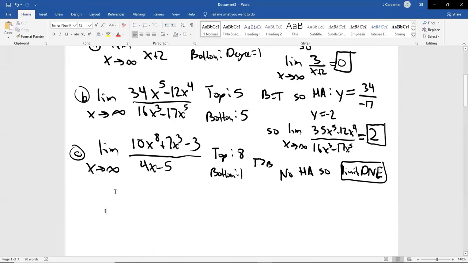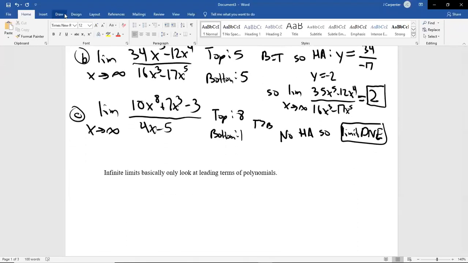So again, these infinite limits only look at the leading terms of polynomials. So it's kind of like, and I'm going to do this in red just to show you another way to think about this.